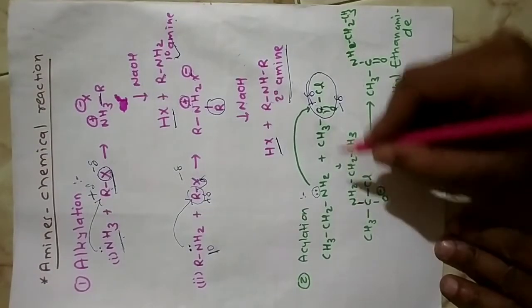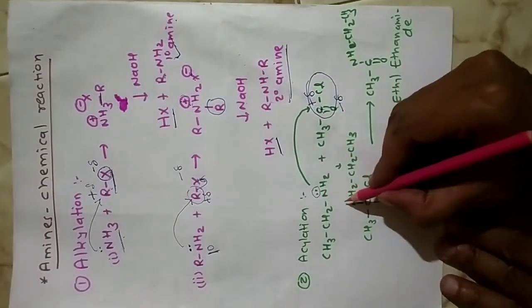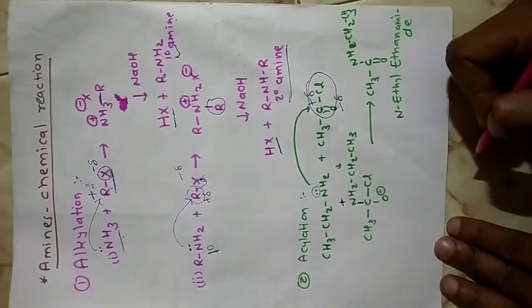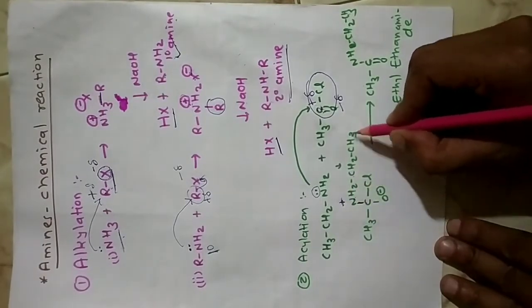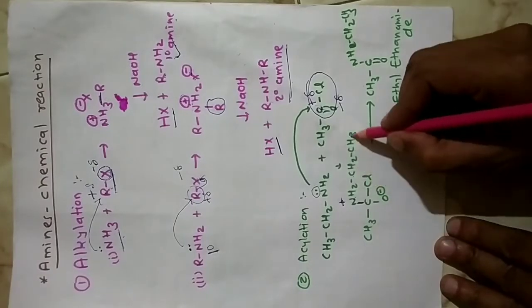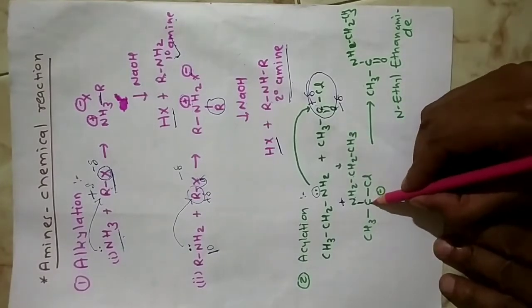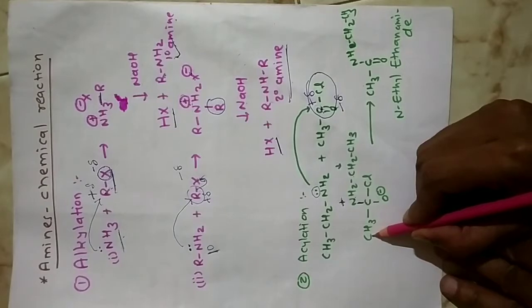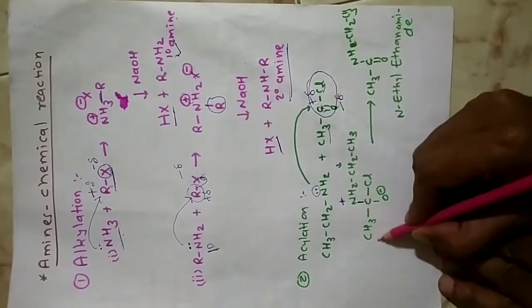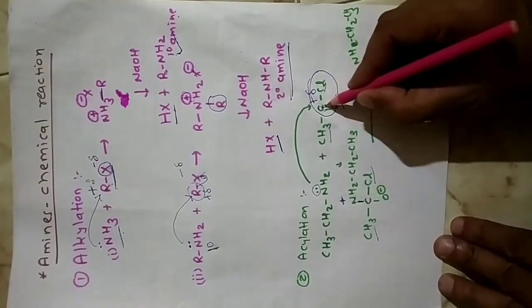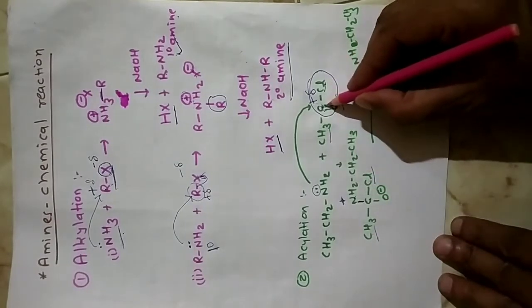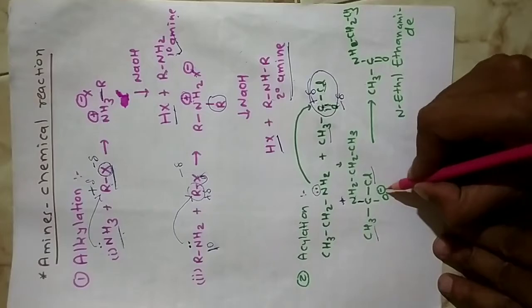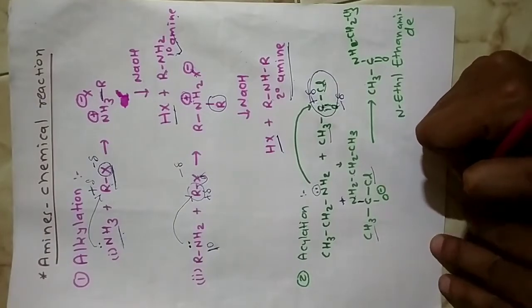The electron of nitrogen is used here, so it becomes positively charged. The rest of the ethyl group, CH2, CH3, remains as such, and CCl, CH3 also remains. Here the double bond breaks and these two electrons shift towards oxygen, so it becomes negatively charged.